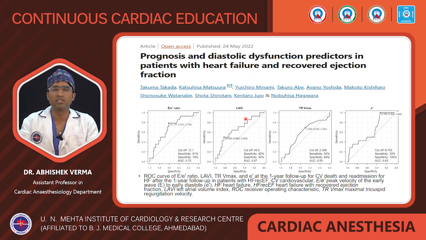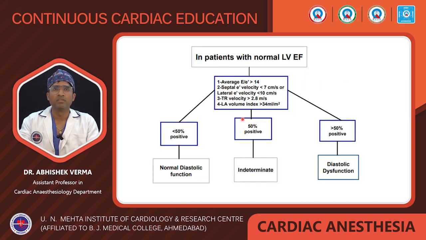Many studies have been done on these parameters. That is why we measure all 4 parameters. If less than 50% are positive, it is normal diastolic function. If 50% are positive, meaning 2 are positive, it is indeterminate. And if more than 50% are positive, meaning at least 3 are positive, then it is diastolic dysfunction.